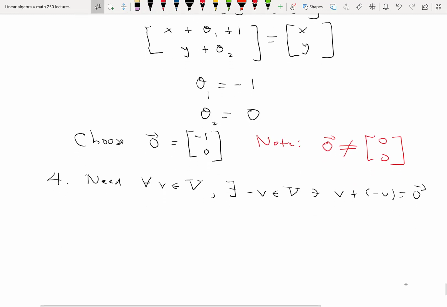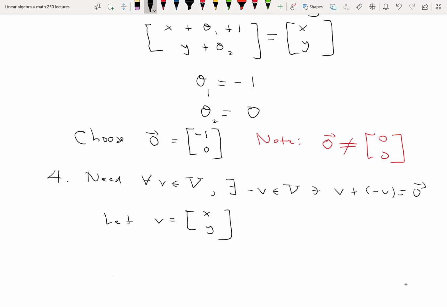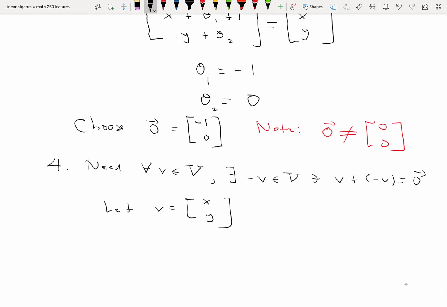Okay, so let v equal x, y. Pick something out of the vector space. I don't know what the opposite is. I have to find it.